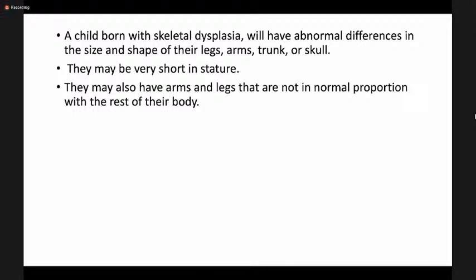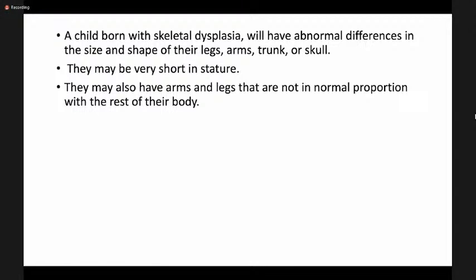Now, a child born with skeletal dysplasia will have abnormal differences in the size and shape of the various parts of the body. It may involve the legs, the arms, the trunk, or even the skull. And they may be very short in stature.